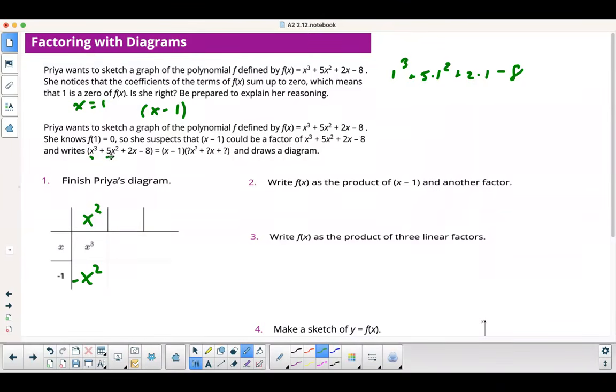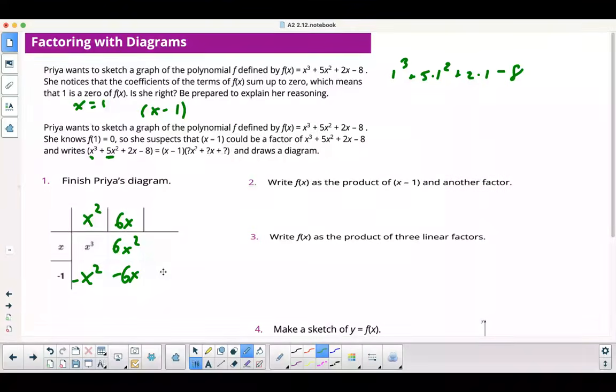Then I go to the x squared term and I realize, oh, okay, this has to be negative 5x squared. So this would have to be a 6x squared. Add those up. Negative x squared plus 6x squared gives me the 5x squared. So x times 6x would give me that. So then I can multiply these. Negative 1 times 6x is negative 6x.